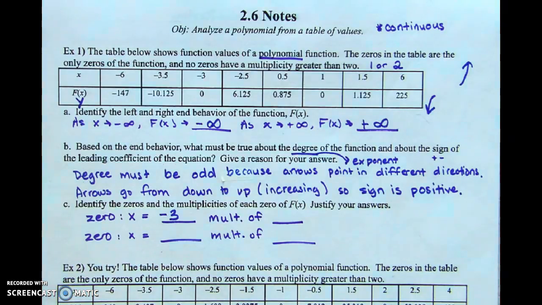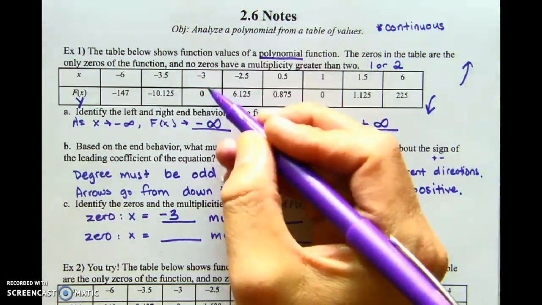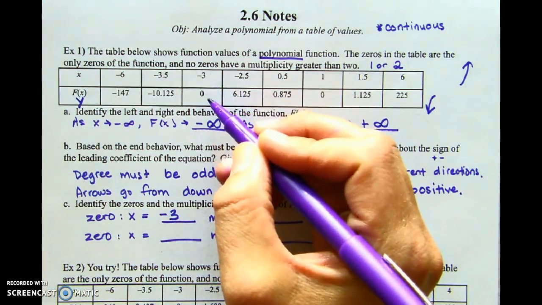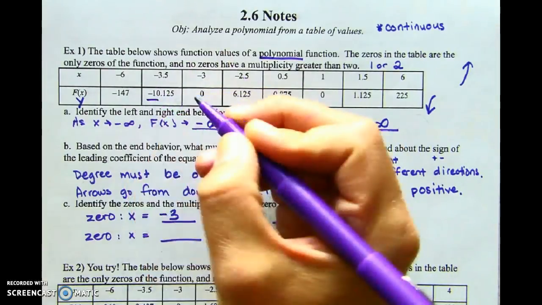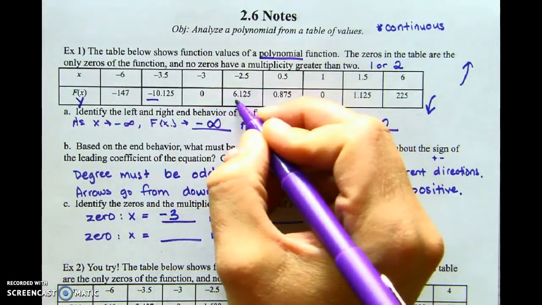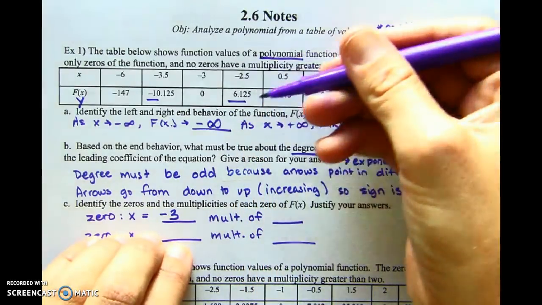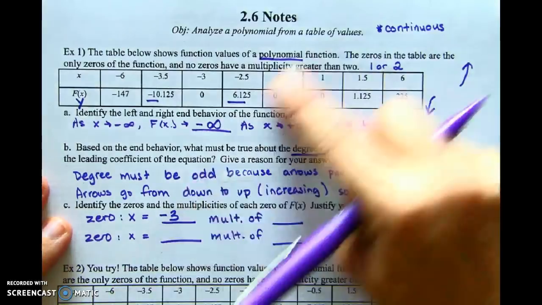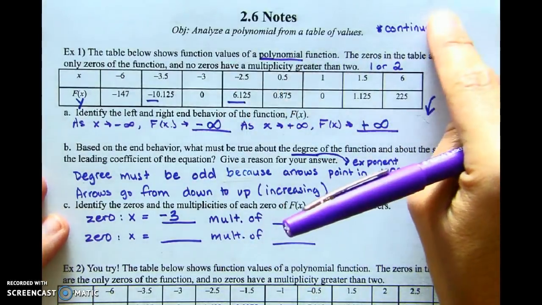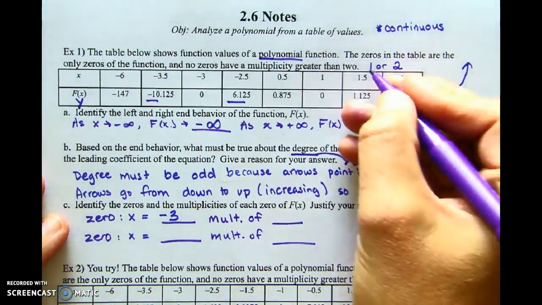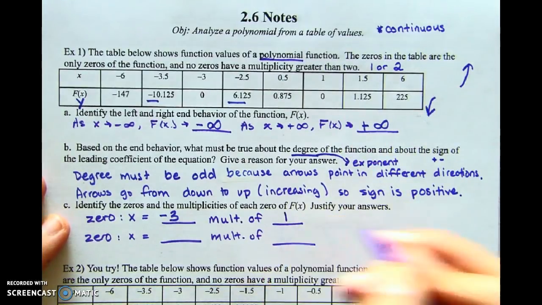Okay, here's our 0. X is -3, y is 0. This goes from negative, which is below, to positive, which is above. So if you go from below the x-axis to above the x-axis, did you cross or did you bounce? We crossed, so it's a multiplicity of 1.